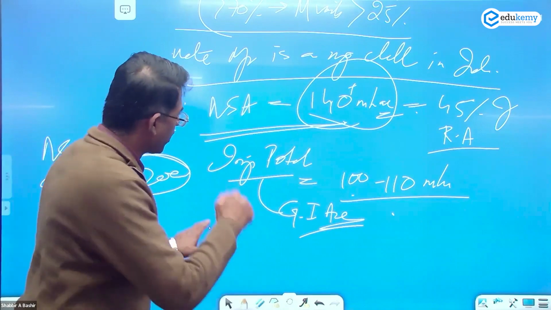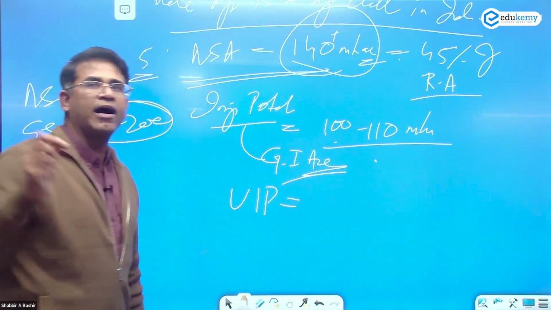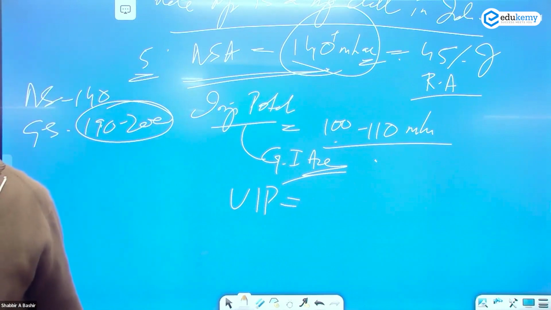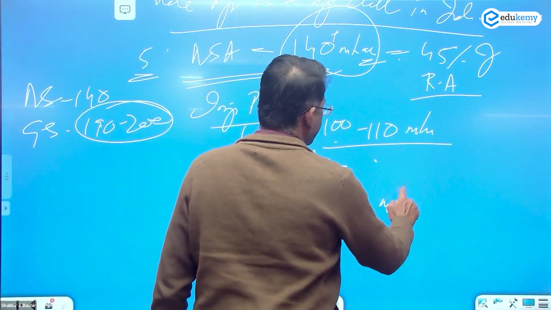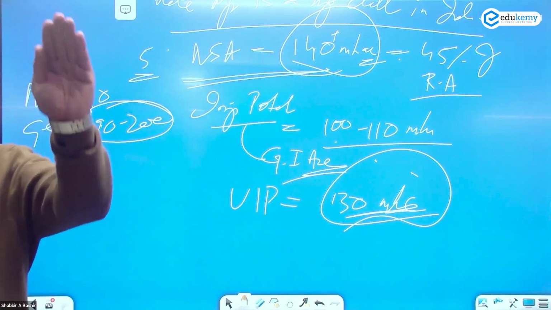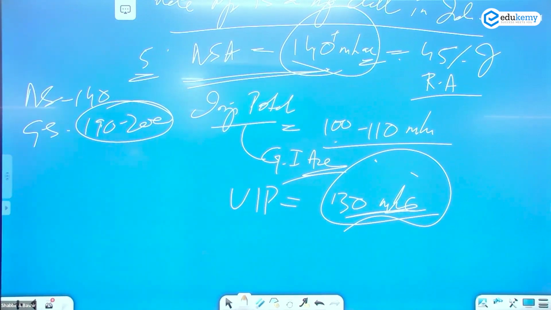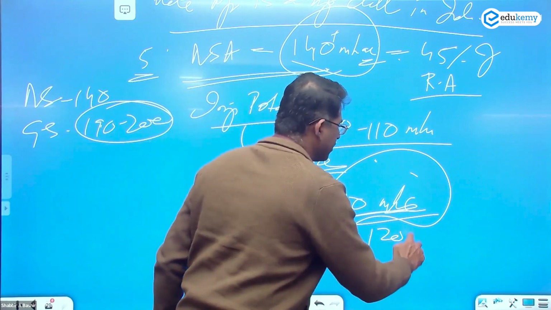अच्छा, एक और पॉइंट है. India's UIP, ultimate irrigation potential, कितना मैक्सिमम कर सकते हैं? It is about 130 million hectares. ये अल्टीमेट पोटेंशियल है given the existing technologies. Some say ये भी बहुत ज्यादा है, actually 120 ही है hectares.